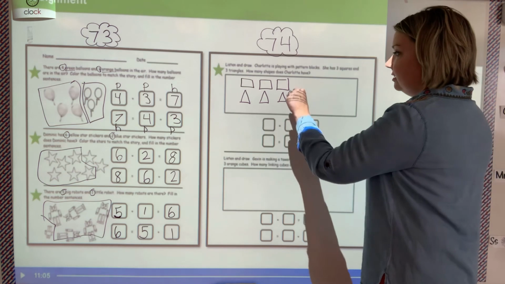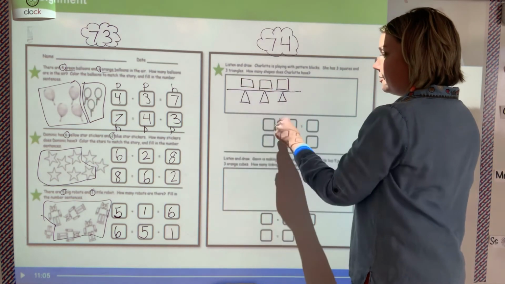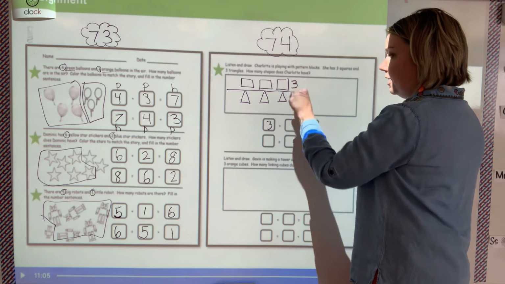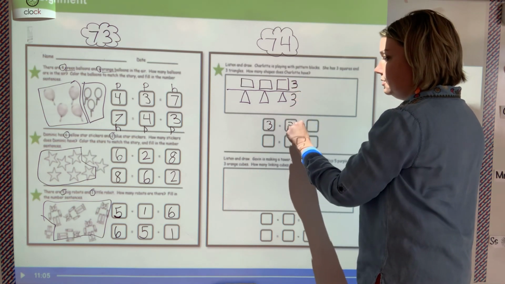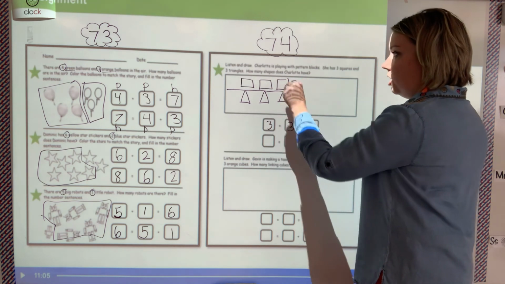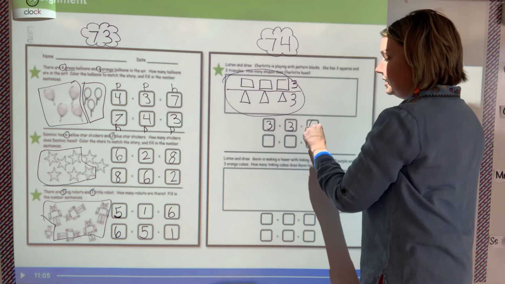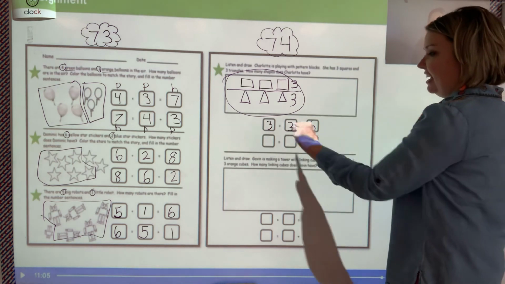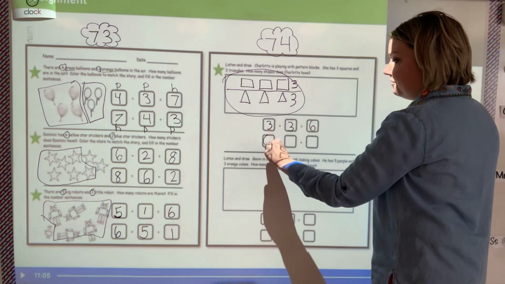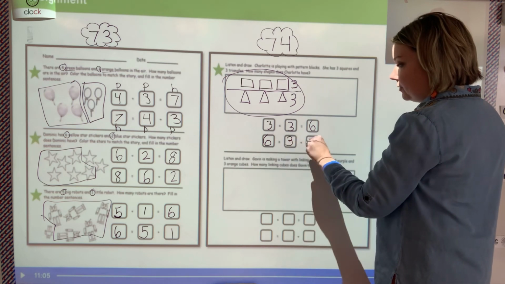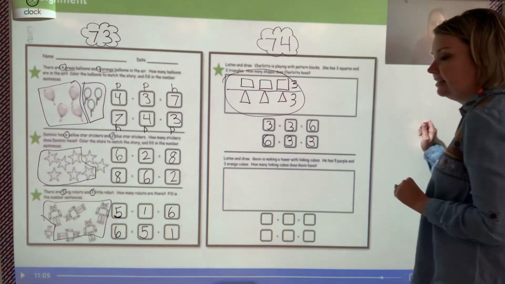Did you take the 3 squares and the 3 triangles? And all together that makes 6? All right. And then our next number sentence, we're just going to have our whole first, 6, and then our 2 parts, 3 plus 3.